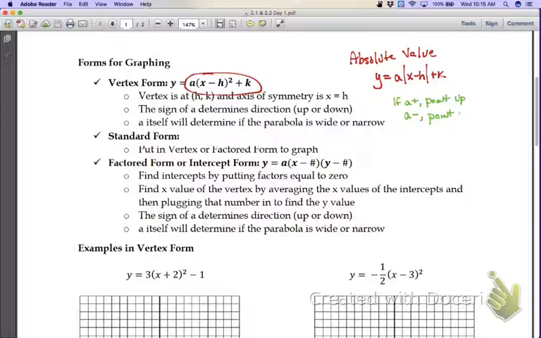Very good. Then remember, if it was a minus h inside, we will move right. So then, if it is a plus h inside the parenthesis, which way do you think we'll go? Left. Very good.